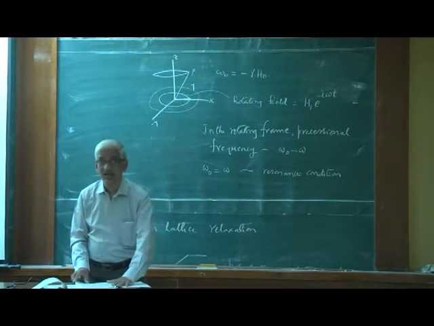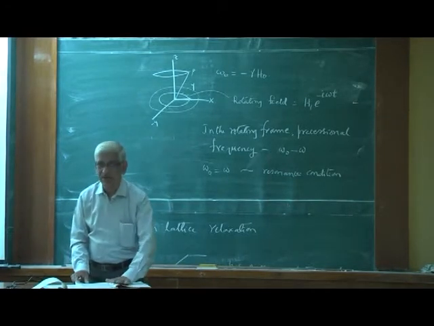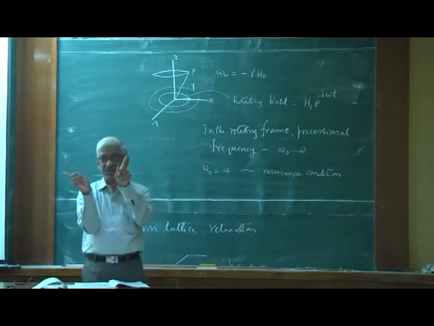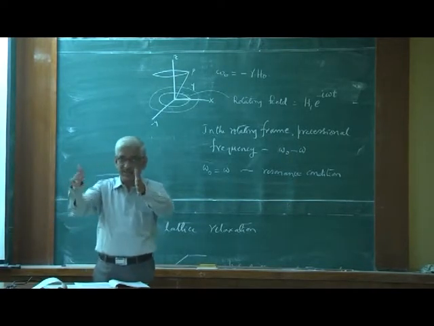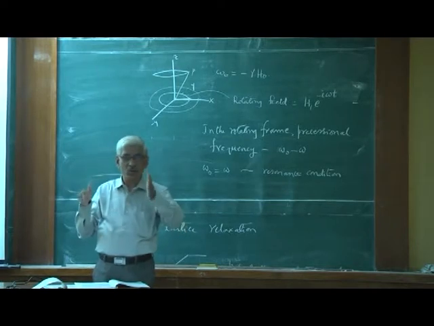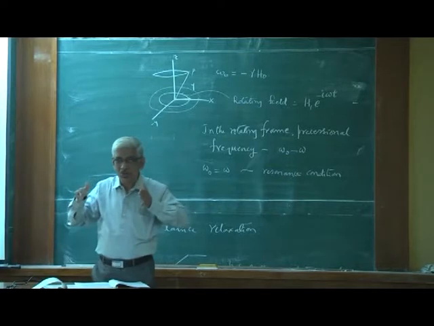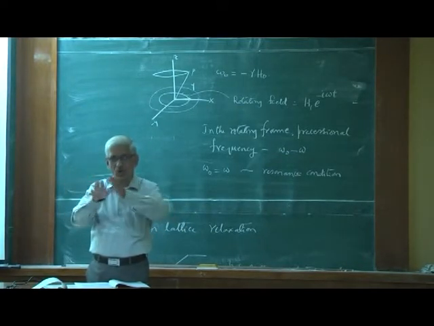Sir, please again explain why it is maximum at the resonance condition? Because the interaction is maximum. When two things are stationary relative to each other, they see each other much better. If you are going in parallel trains, for example, you are in one train and your friend is in another train, and they are going at exactly the same speed, you can keep on talking for hours.